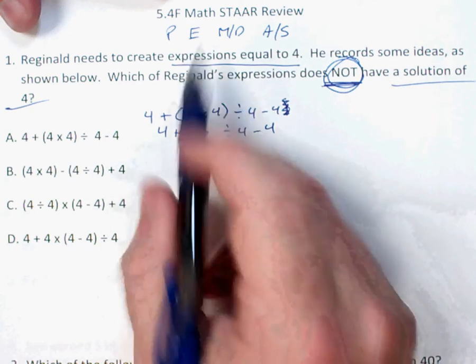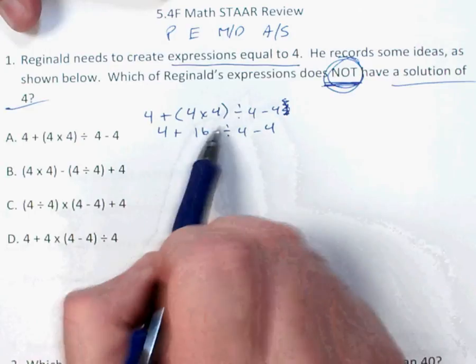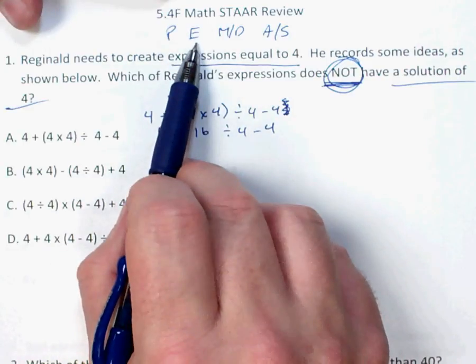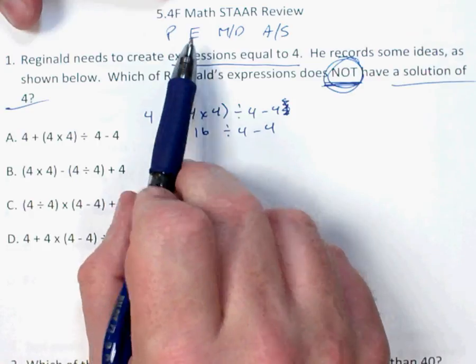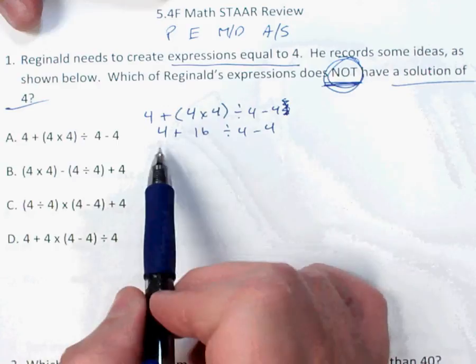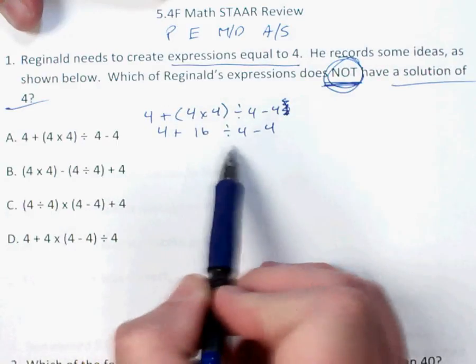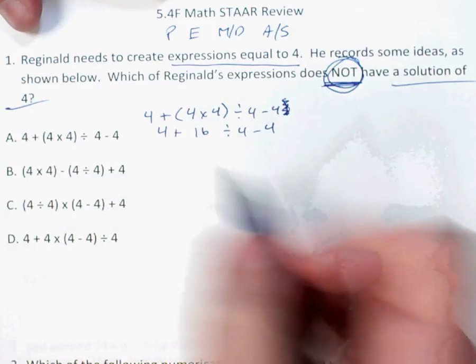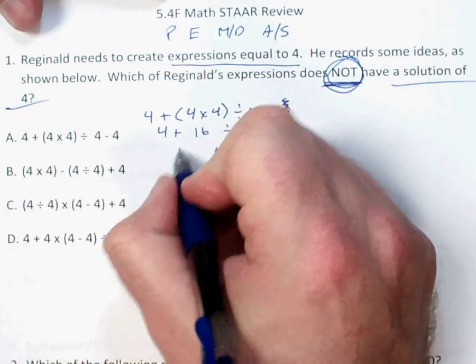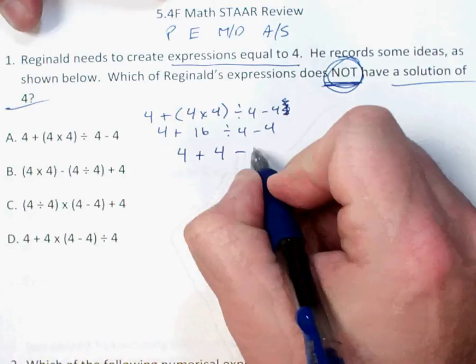No more parentheses because I did the operation that was inside of them. I won't have exponents in any of these problems because this is 5th grade level stuff and we don't do exponents yet. Multiplication, division: do I have any? I do have a division operation in here, so I'm going to do that. 16 divided by 4 is 4, and then I'm going to rewrite the rest of the problem around it.